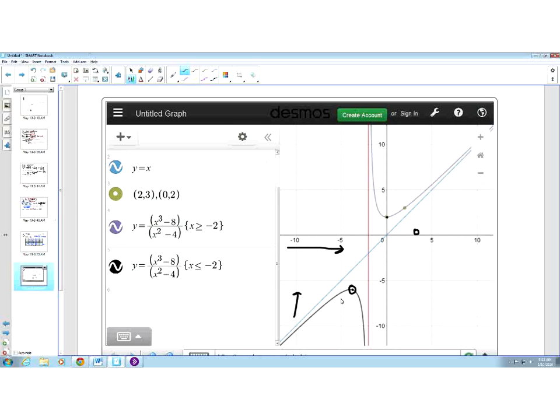And then at the local maximum, a point of transition, to the right of this local max, as x increases, y decreases. It follows the negative vertical asymptote. So we're transitioning from increasing to decreasing, and the point of transition is a local maximum.